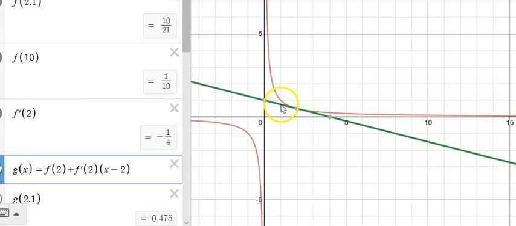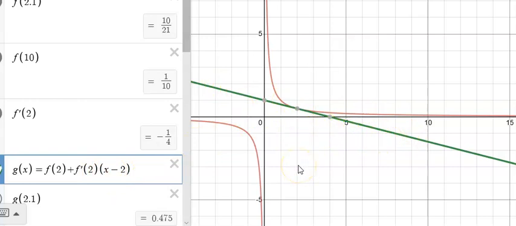But what we want to notice here is the tangent line at 2, which we call our L of x. Here it's written as g, but it's really officially L of x. F of 2 plus f prime of 2 times x minus 2 is this green line right here.